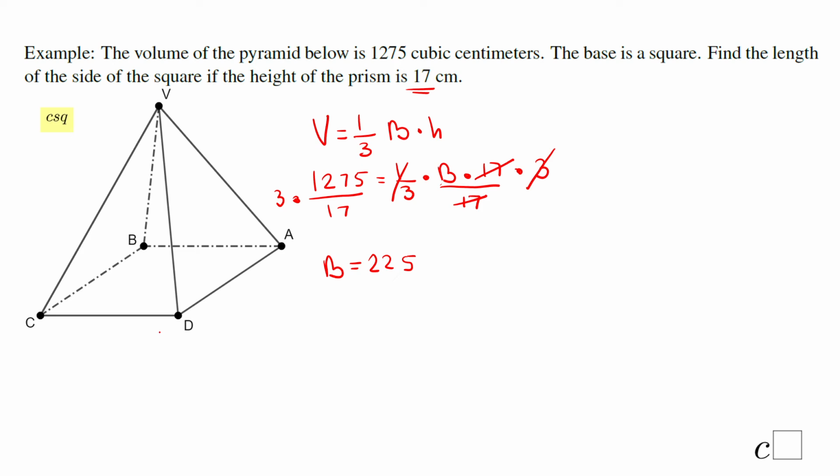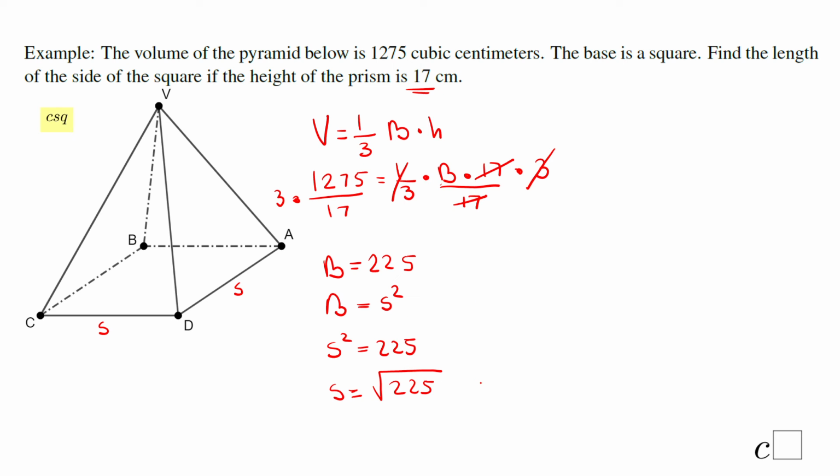Now the base, which is a square, right? Let's call this S or L. The area of the base is S squared, or S times S. So that means S squared equals 225. So for finding S, you have to take the square root of 225, which is not super complicated, I think.